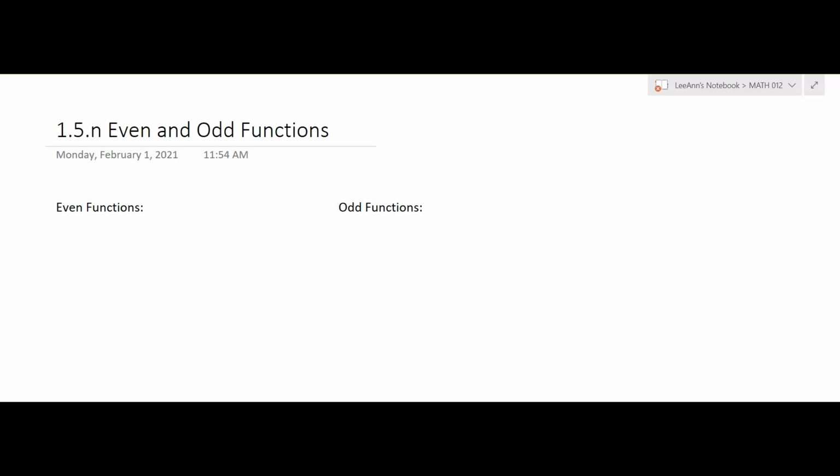Okay, so an even function. The quadratic function is an example of an even function. If you look at the quadratic function, one of our toolkit functions, it looks like that.